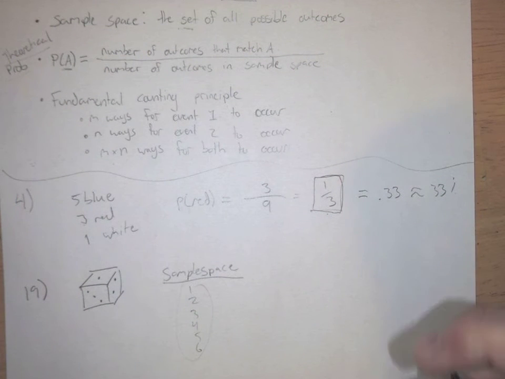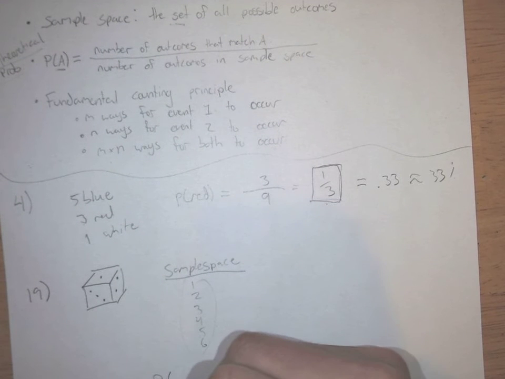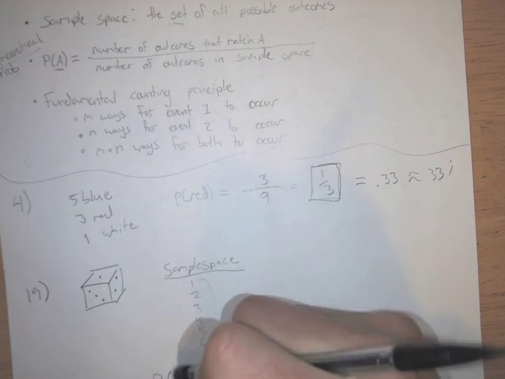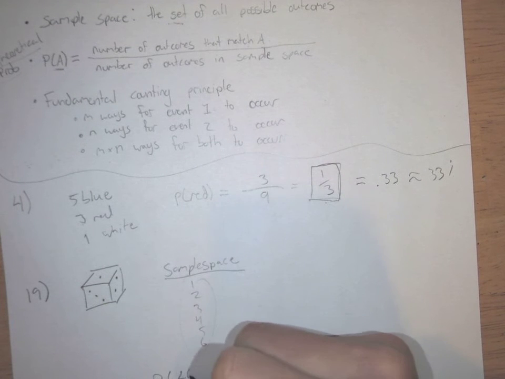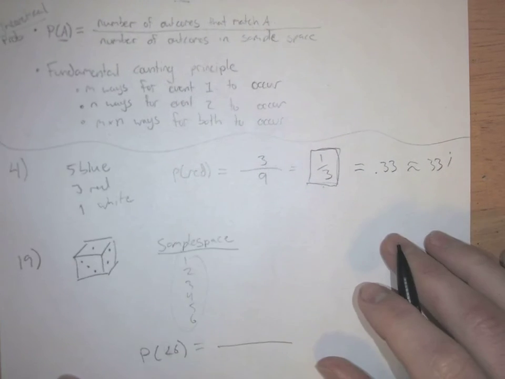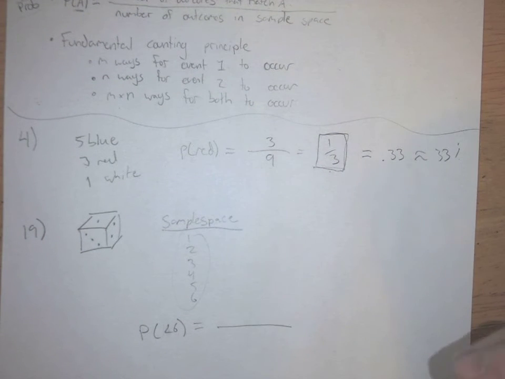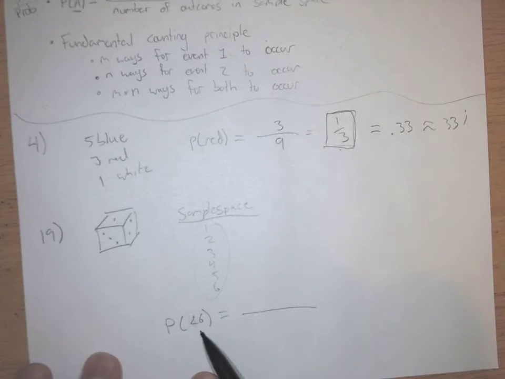Okay, and in 19 specifically, we want the probability of getting a number less than 6. Okay, so the probability of less than 6 is equal to the number of ways that we can get something less than 6, or the number of outcomes that match less than 6.